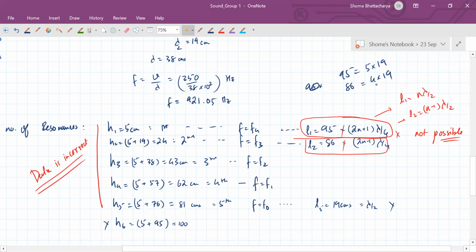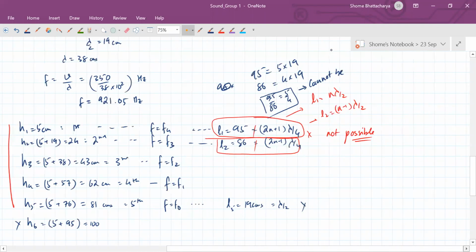So you cannot express them as odd multiples. So it simply cannot happen this way. Their ratio is 5:4. Okay. So they cannot be of this type. So that is why the data of this was faulty.